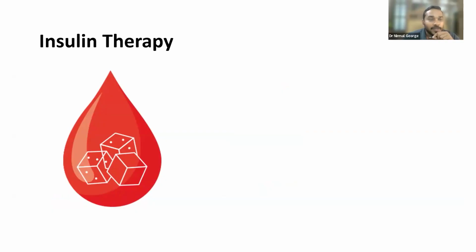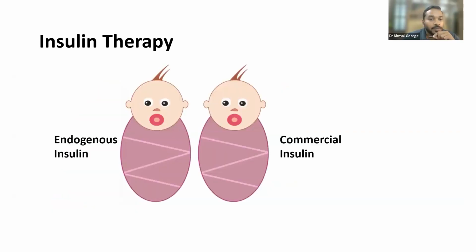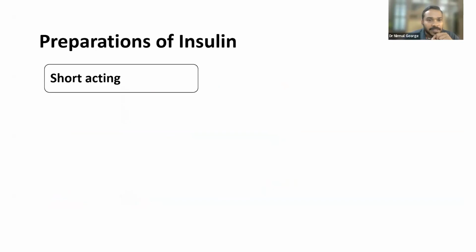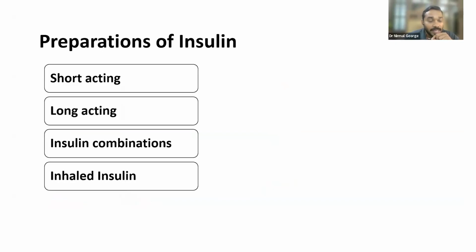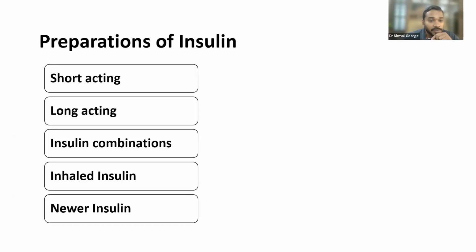The basic idea of insulin therapy is to mimic the physiological insulin secretion. And commercial insulin is aiming at mimicking the physiological insulin secretion. Insulin preparations are classified into short-acting insulins, long-acting insulins, insulin combinations, inhaled insulin, which is a recently released short-acting insulin, and also newer insulin preparations.